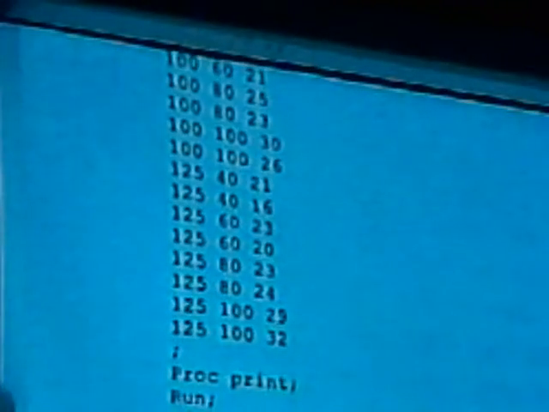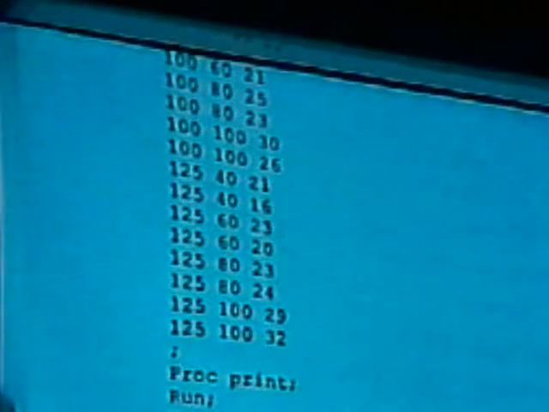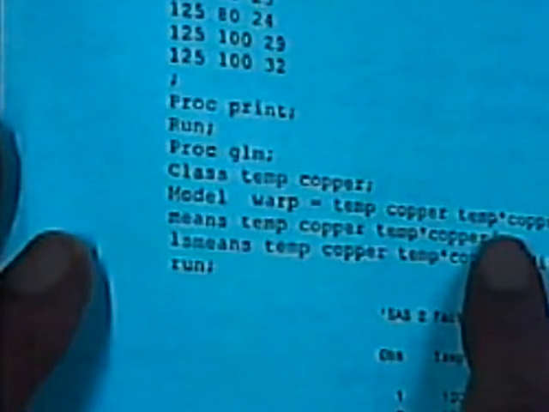Let's see what we try. So print the data, proc GLM, class temperature, copper. Model warp equals temperature, copper, temperature times copper. So notice how I put the interaction in the model line. Means on temperature, copper.